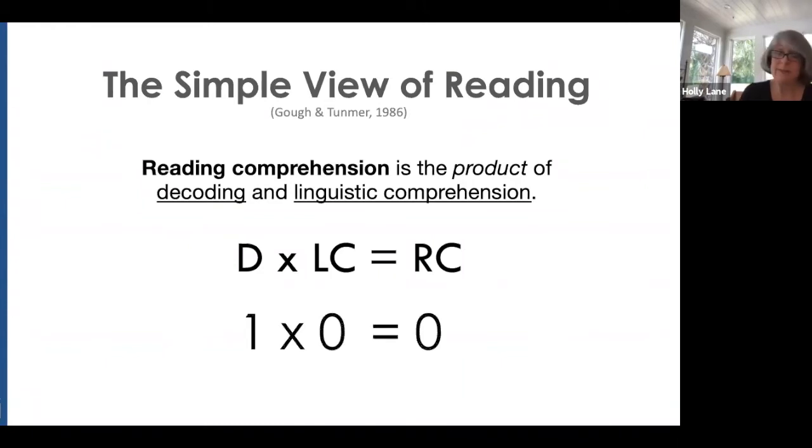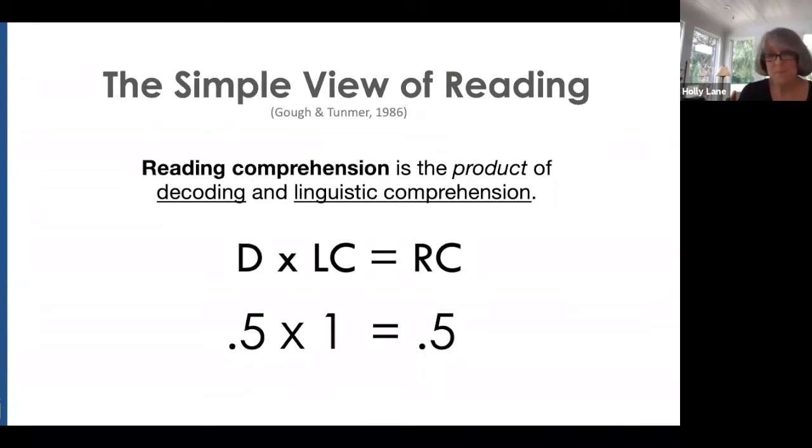If either one is missing though, then reading comprehension can't happen. You have to have both of these. So it works in both directions. If you've got good decoding skill, but no language comprehension, you're not going to have reading comprehension. If you've got good language comprehension, but poor decoding, you also won't have good reading. If one of them is weak though, the best your reading comprehension can be is whatever degree of skill you have in the area in which you're weaker.